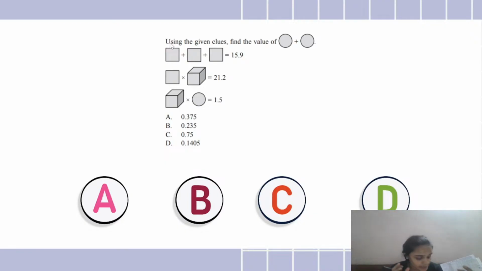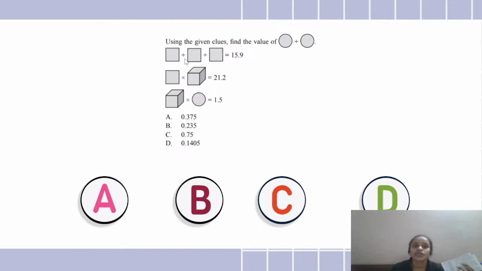हमें circle plus circle का value ढूंढना है. Okay. We have Satish also over here. Welcome, Satish. Good afternoon. I have already started the first question. Kindly read it and start working on it. So we have to find what is the value of circle plus circle.